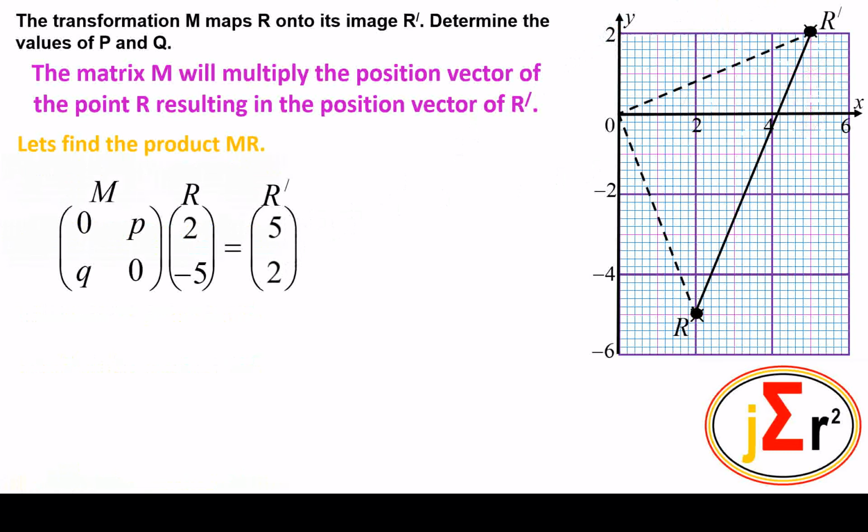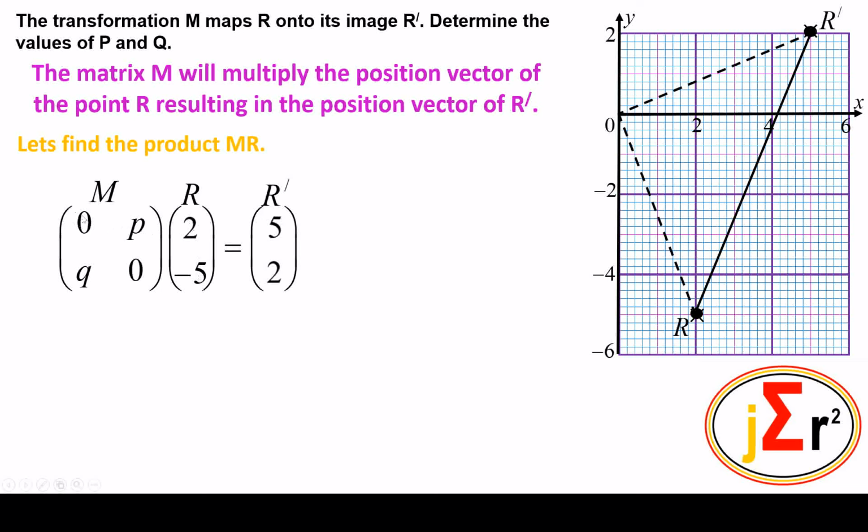Let's find the product MR. The product MR will be equal to R prime, and we will do that in true matrix fashion. The first row by the single column that we have here.